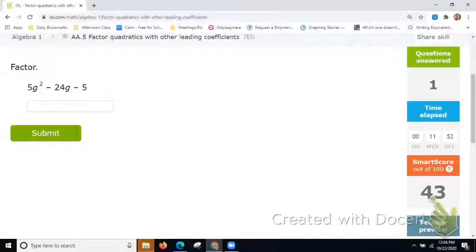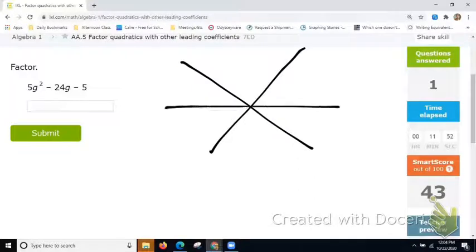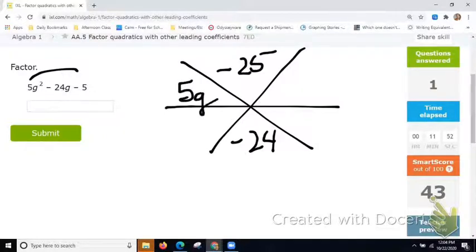Same problem, asterisk. Negative 25 on top, negative 24 on the bottom, 5g, 5g, 1 plus, 1 minus. Two things that multiply to be 25 but subtract to be 24.